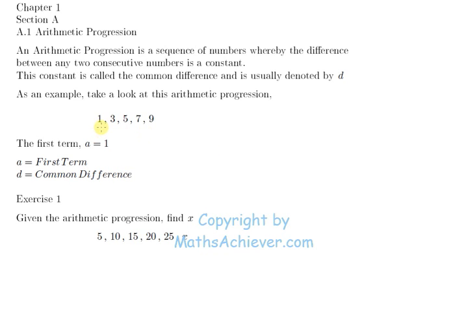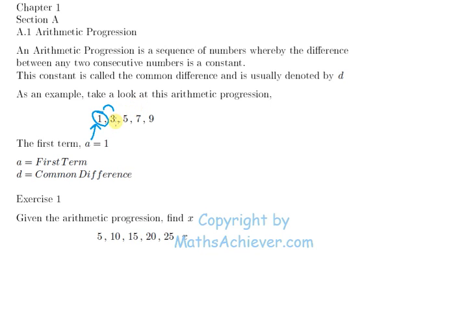We have the numbers 1, 3, 5, 7 and 9, and the first term 1 here is normally denoted by the letter A. Okay, so we have the first term as 1, and the difference between the consecutive numbers, let's take a look at the difference between the first and the second term here, is actually 2.